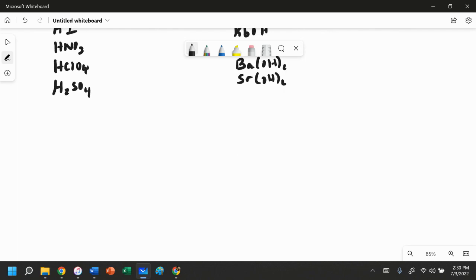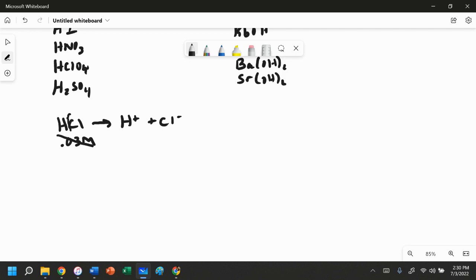Let's say we had a solution of HCl, and that solution was 0.03 molar. And of course, if the HCl is dissolved in water, then it's going to dissociate 100% into H positive ions and chloride ions. So when we say it's 0.03 molar HCl, it's not actually 0.03 molar HCl because all of the HCl is going to break apart into H positive and Cl negative.